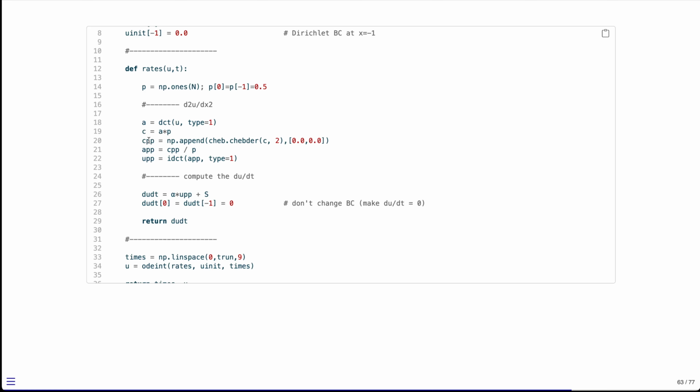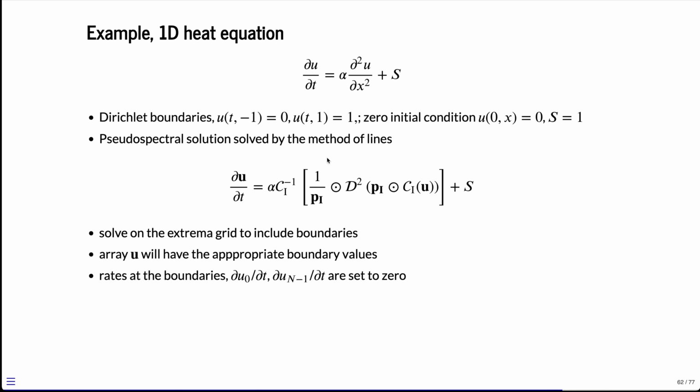Then we calculate c double prime, and that's we take the second derivative, which is Chebyshev, and then we're going to append the 2 zeros on the end of that, because we took the derivative twice, and we want the array to be the right size so that we can invert it and get all of the correct size back.